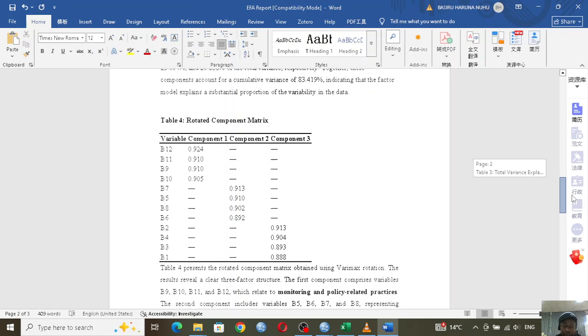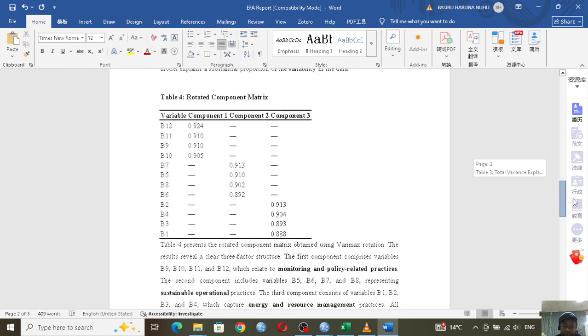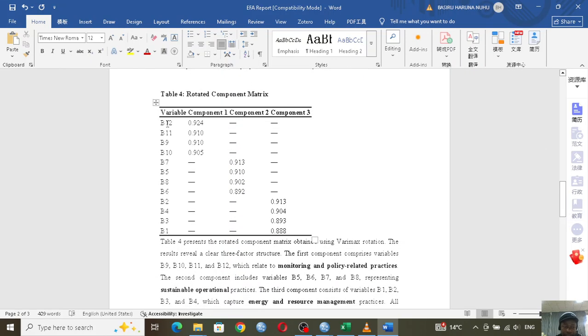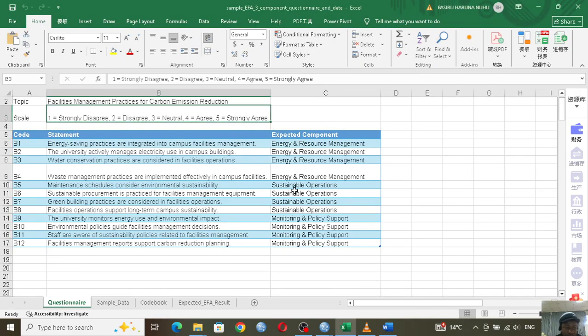And then the rotated components. Now these particular components, B1, B2, so when you come here, you could see B9, B10, B11, B12. B9, the university monitors energy use and environmental impact. So we have monitor here, and then environmental policy guide.